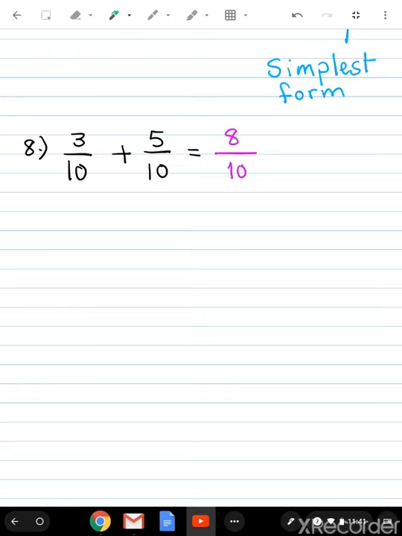So 8 divided by 2 will give me 4, and 10 divided by 2 will give me 5. So this fraction we get, 4 out of 5, is the simplest form of the answer.